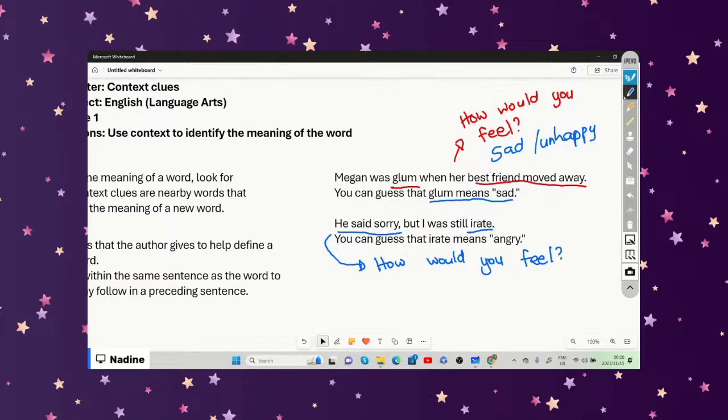So even though someone says sorry, he said sorry, but I was still irate, then it's definitely to do with someone being angry or frustrated, right?